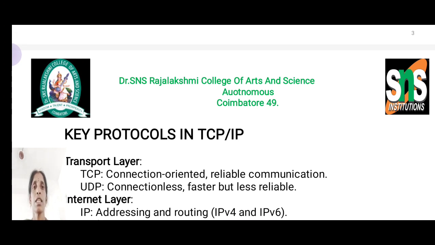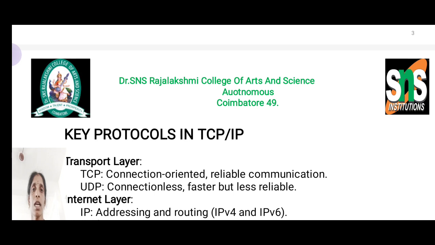In the transport layer, TCP is connection oriented and reliable communication, but UDP is connectionless, faster, and also less reliable communication. Connection oriented means, for example, if I am sending a mail from my mail ID to another mail ID, the destination person need not be available to receive my message. But connectionless, for example, is like mobile phones.